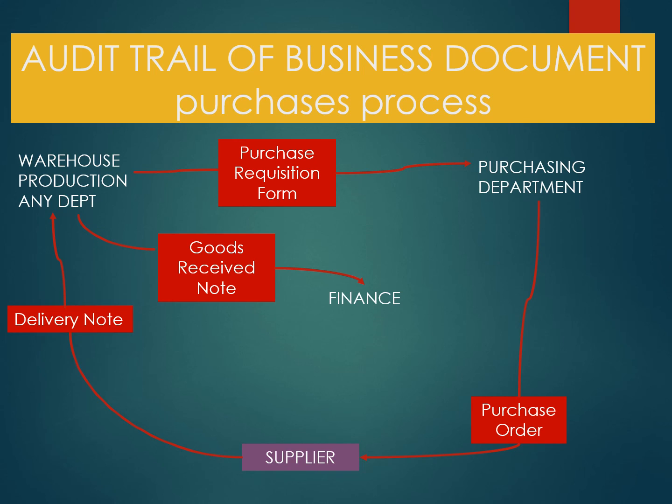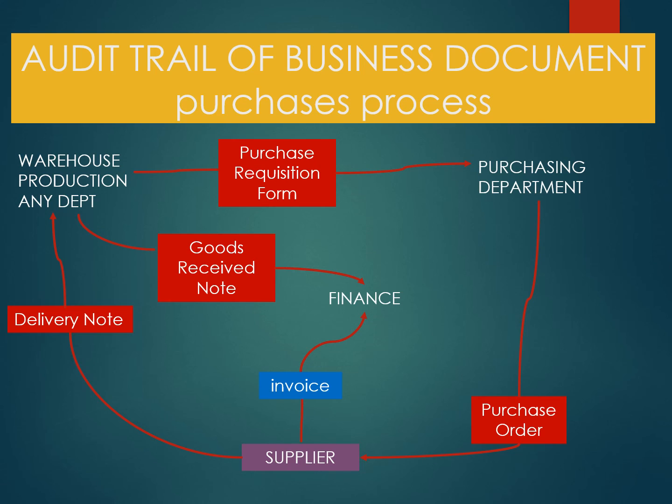This GRN, or another name, receiving report, RR, will be given to the finance department, and supplier will send the invoice to finance department. Finance department must compare the goods received note and purchase order with the invoice so that they tally before the finance department issues a payment to supplier.